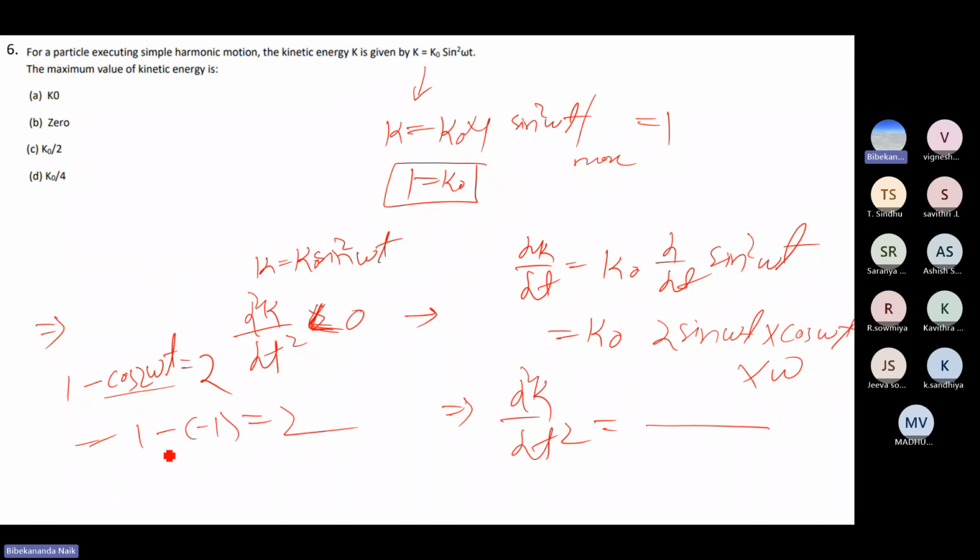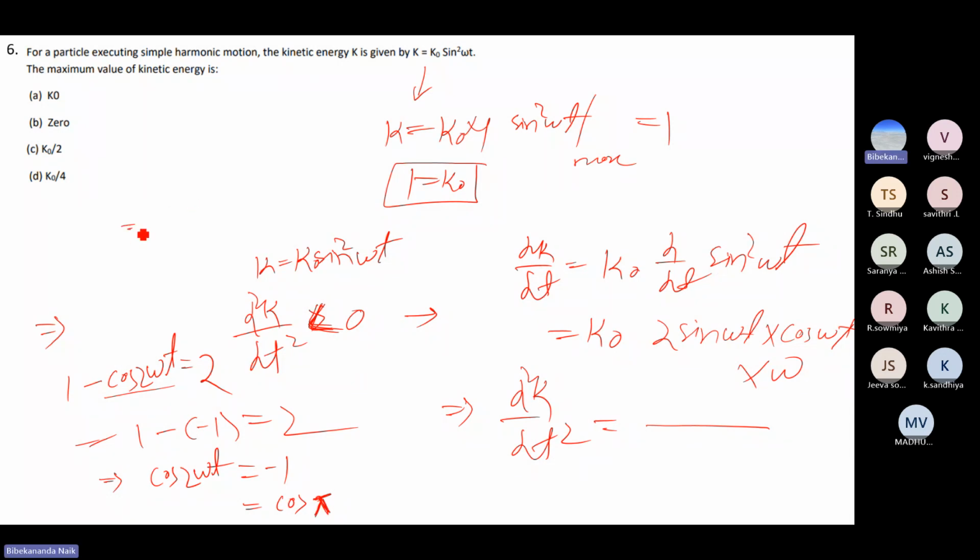So cos 2 omega t equal to minus 1. Then which value of cos is minus 1? Cos 0 is 1, cos pi is minus 1. So this is cos pi.